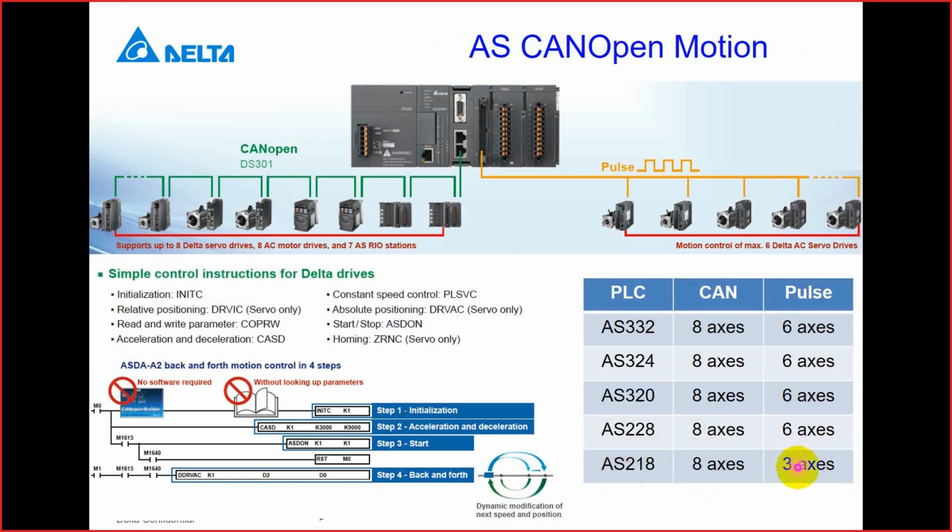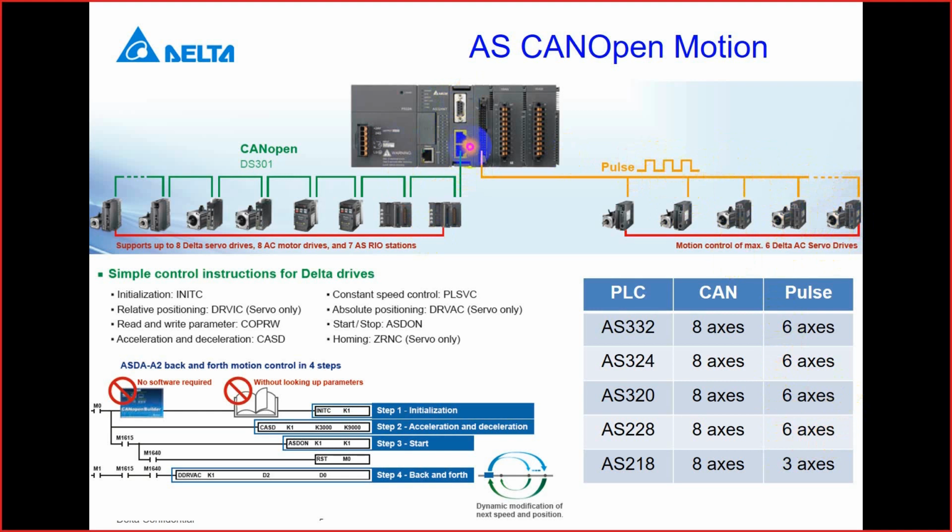So that means if you want to use the position plan table, you still have 200 points, but this is divided by 3. For the rest of the models, you have to use 200 points divided by 6 axis. Okay, so this portion is for the pulse chain control.